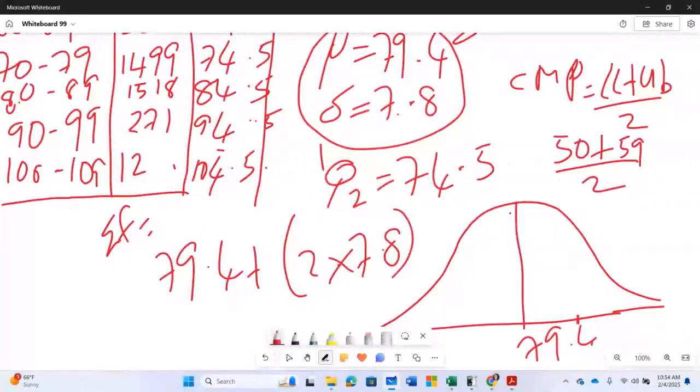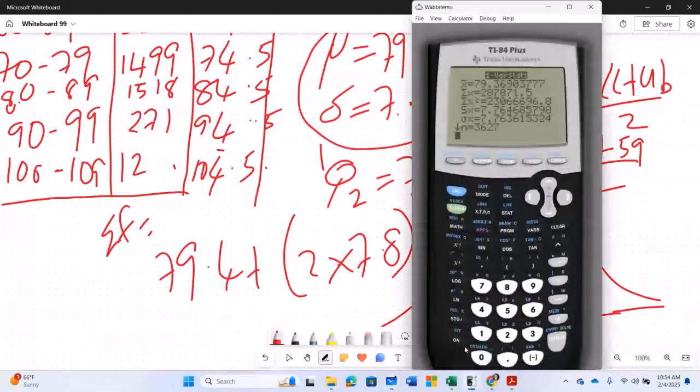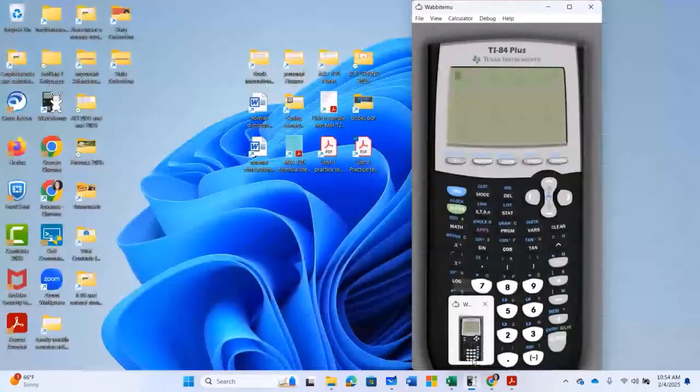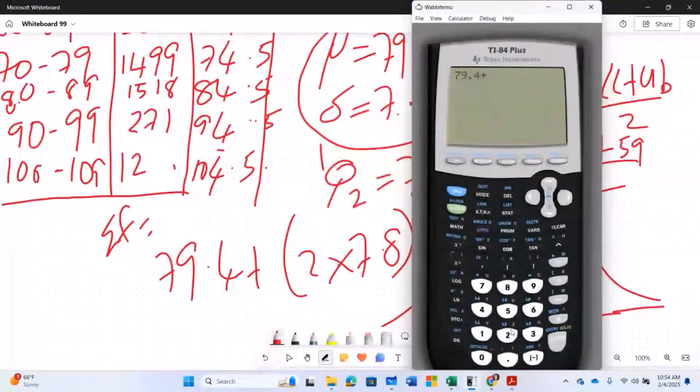So let me find that number. I have 79.4 plus 2 multiplied by the standard deviation, which is 7.8.